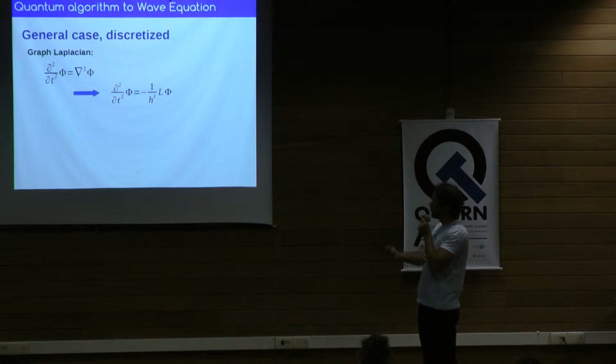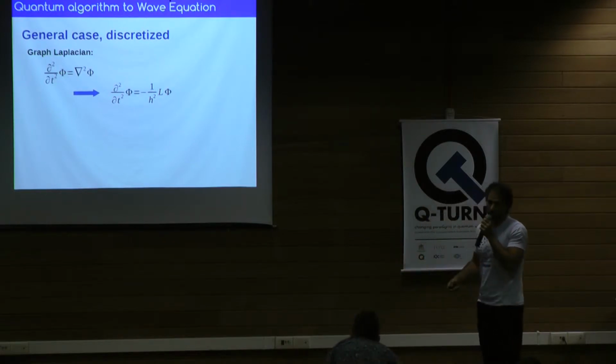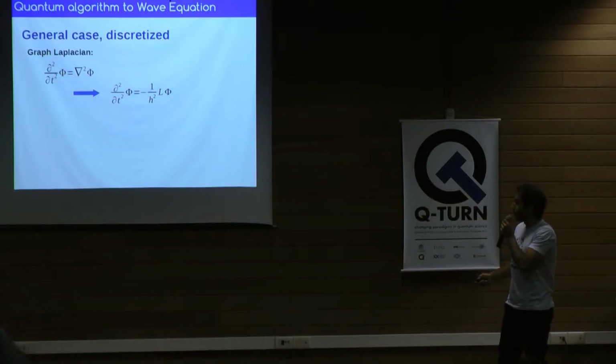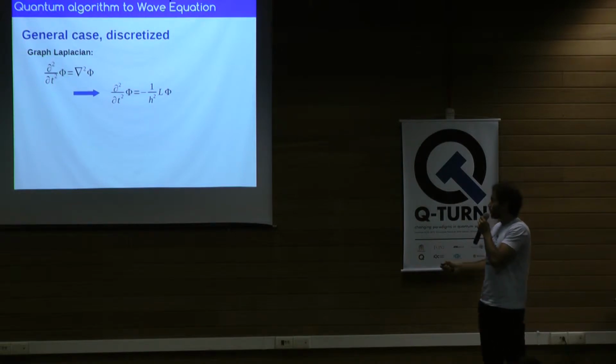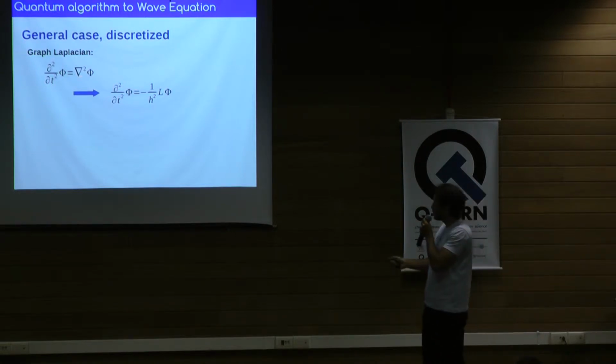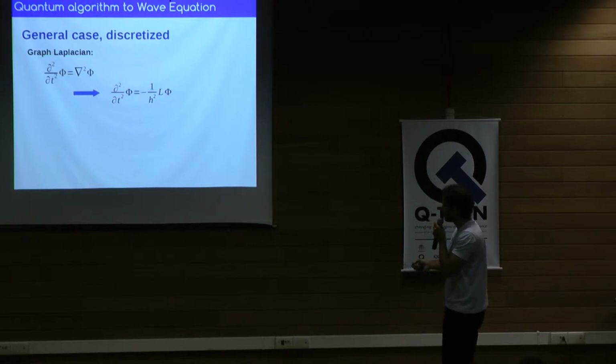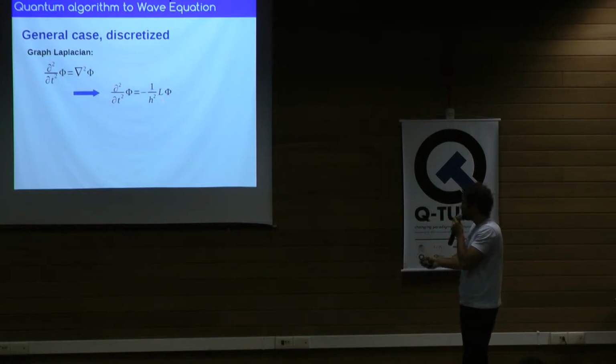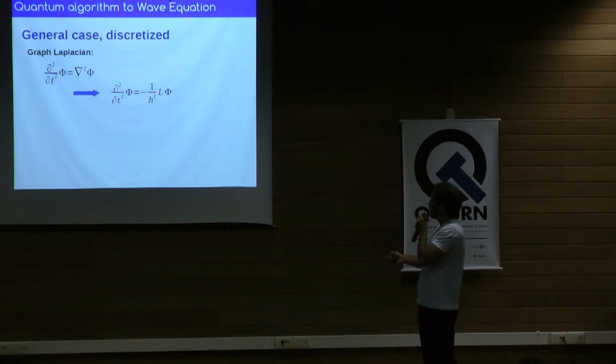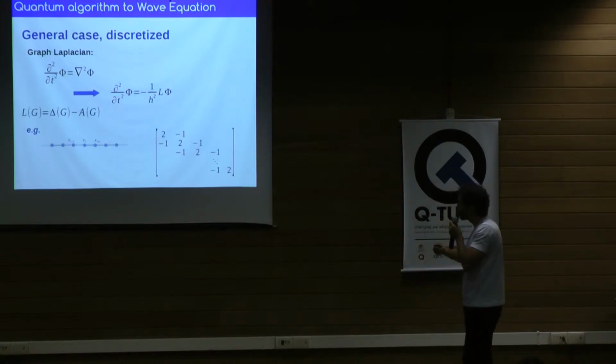Then we took advantage of some knowledge from spectral graph theory. For instance, we know that the Laplacian can be approximated by the graph Laplacian, which I denote here by L. What is the definition of this graph Laplacian?